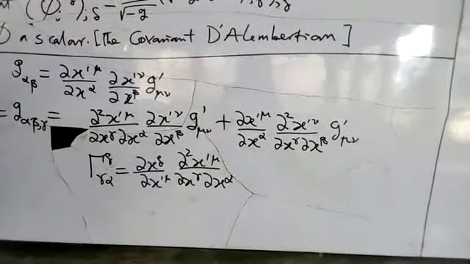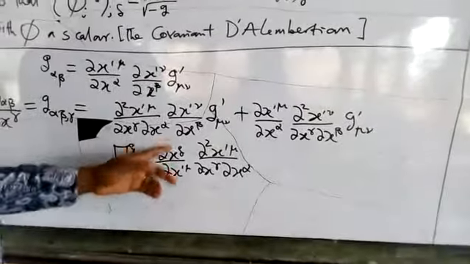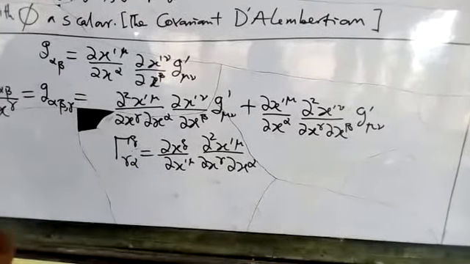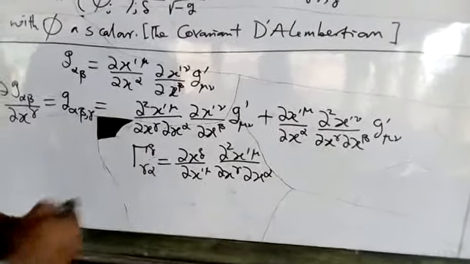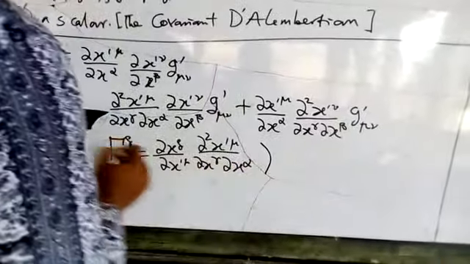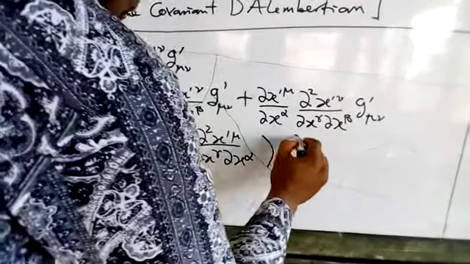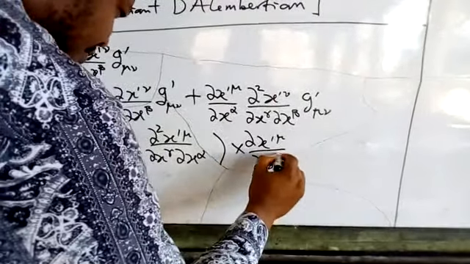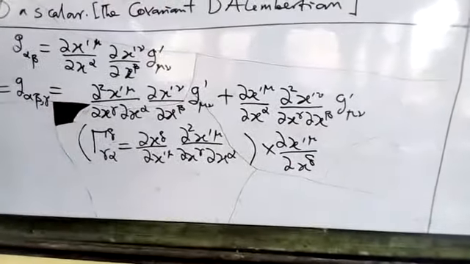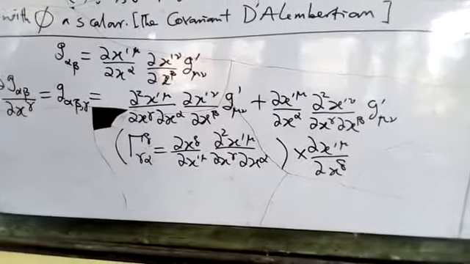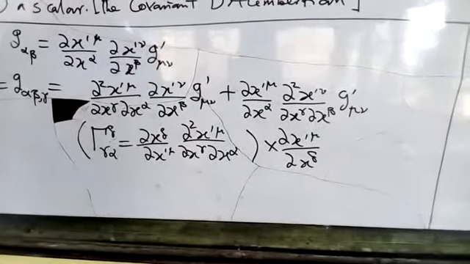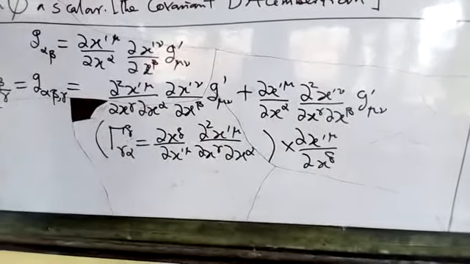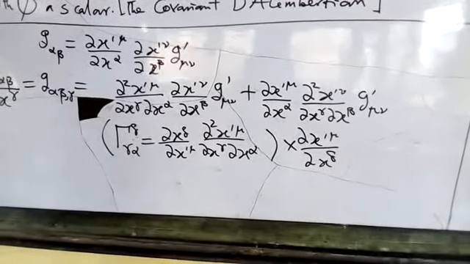You can see that if I multiply both sides by the inverse of this differential here, that is the x prime mu, the x nu, in other words, if I multiply this entire expression by the x, that is, the x delta, exactly, which is what I'll be expecting, I'll be obtaining this expression right here, as you can see.